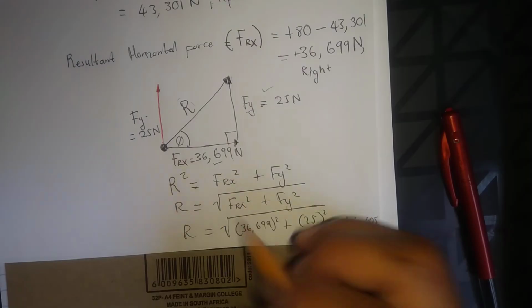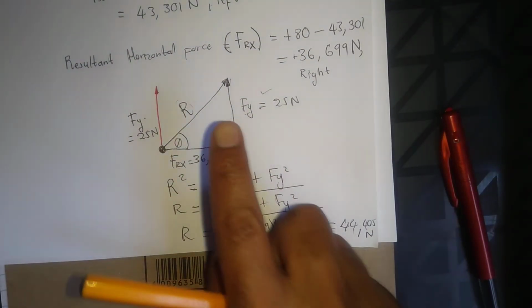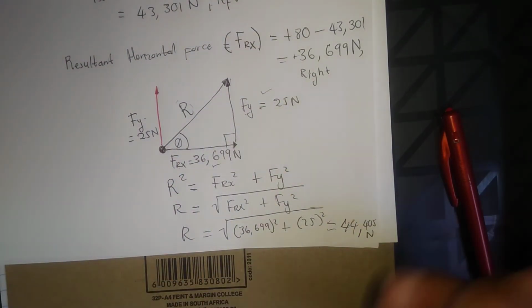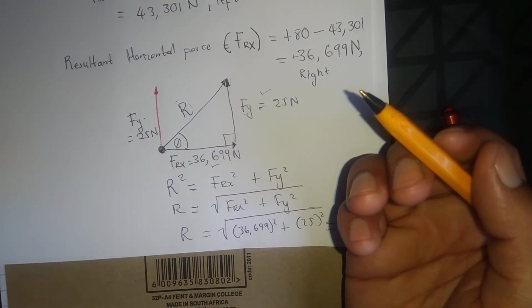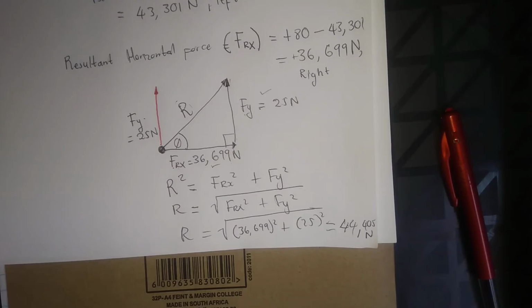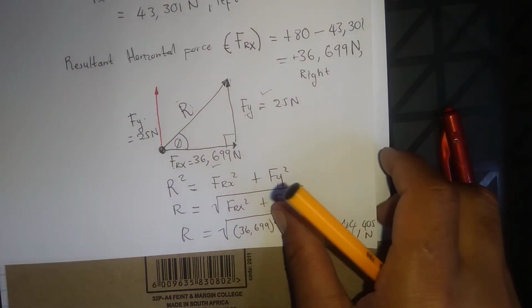So when calculating theta using sine or cos, you will have problems, because Fy and Fx could be wrong there. But anyway, use any trigonometric ratio you like.